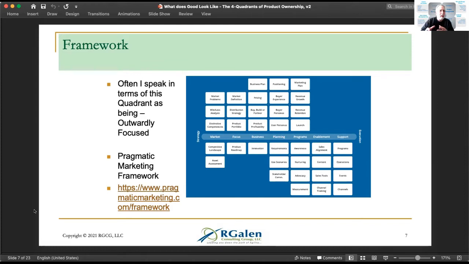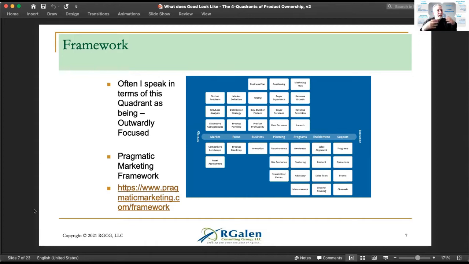When I was writing the first edition of the book, I looked at product ownership and I mapped Scrum product ownership stuff to the product management framework from Pragmatic Marketing. I think they have like 40 boxes, 40 activities, and only like 11 product owner activities mapped.